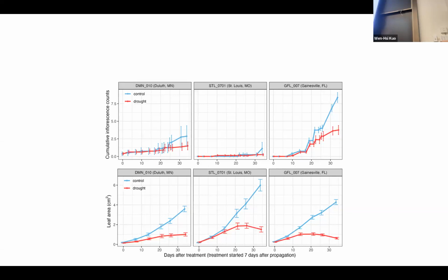The upper panel is the inflorescence count after the day of planting. You can see the plants from the very southern population just want to flower earlier than the St. Louis and the Minnesota populations. We just have 3 populations here, so I think we do need some more comprehensive investigation.